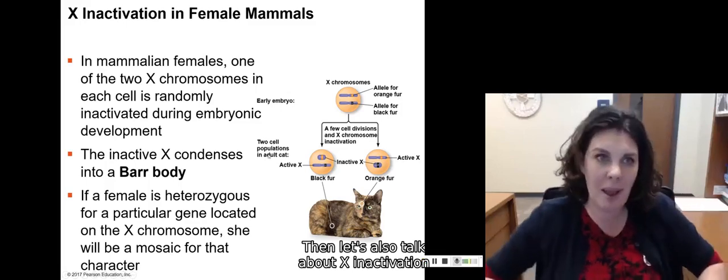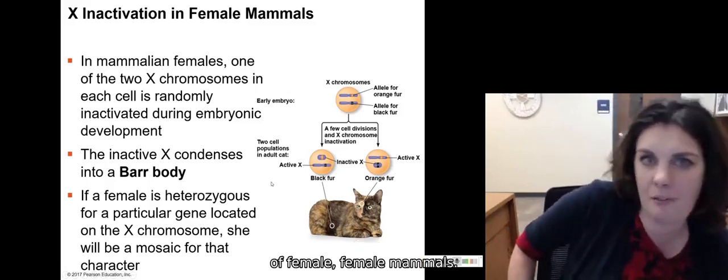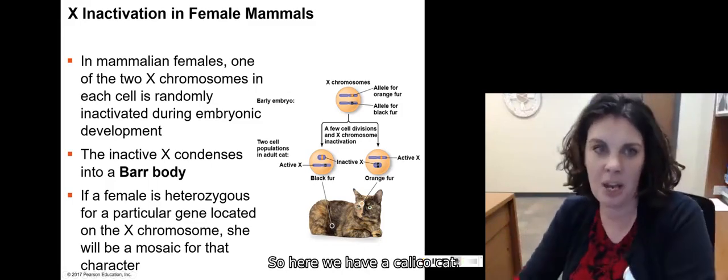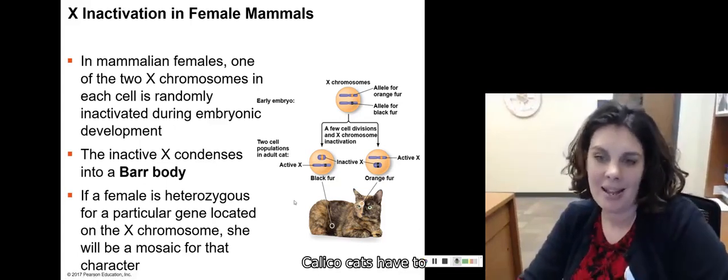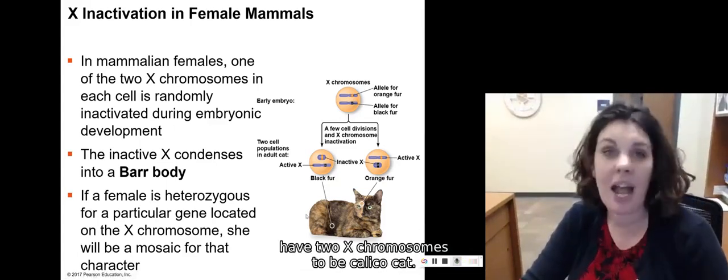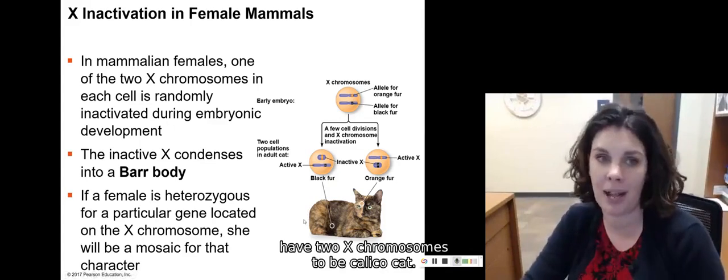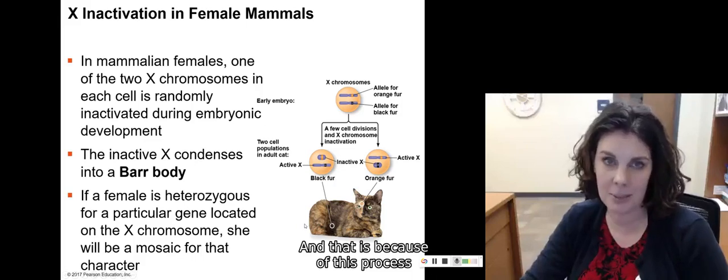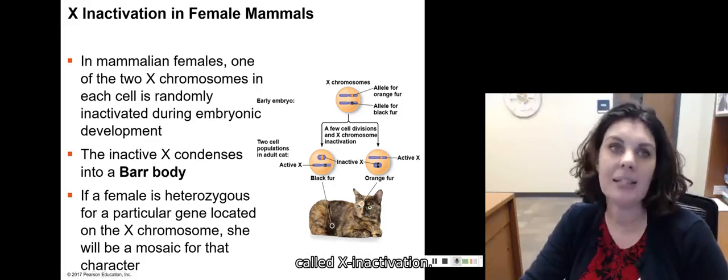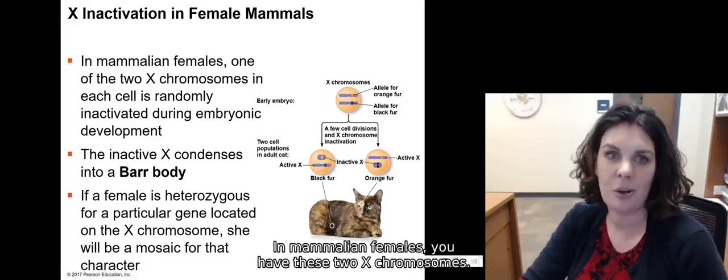Okay, and then let's also talk about X inactivation of female mammals. So here we have a calico cat. Calico cats have to have two X chromosomes to be a calico cat. So calico cats are almost always female. And that is because of this process called X inactivation.